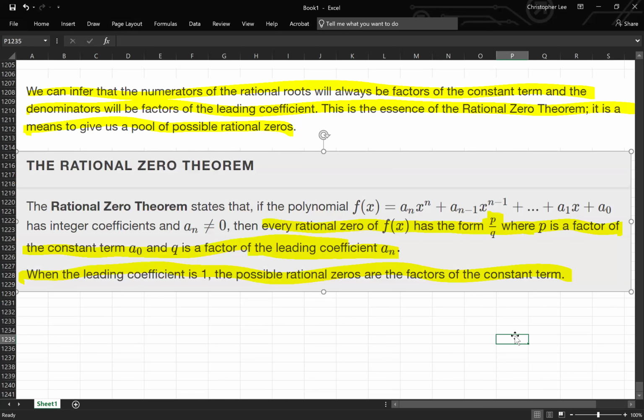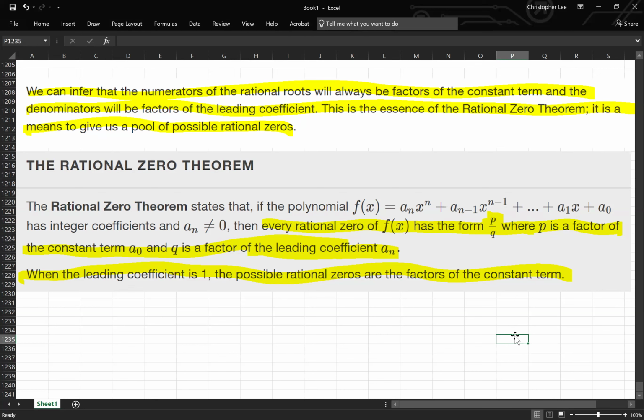The rational zero theorem states that if a polynomial f of x equals a_n x^n plus a_(n-1) x^(n-1) plus all the way down to a_1 x plus a_0 has integer coefficients and a_n does not equal 0, then every rational zero of f of x has the form p over q, where p is a factor of the constant term, which is a_0, and q is a factor of the leading coefficient, right?